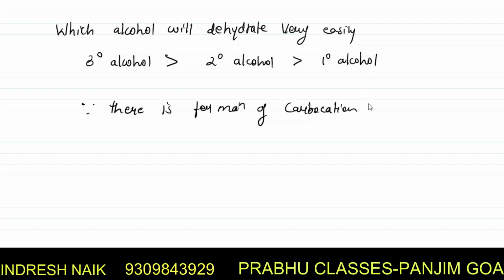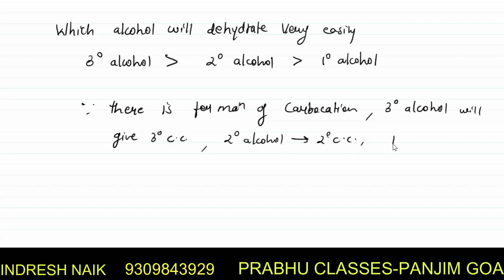Since there is formation of carbocation, tertiary alcohol will give tertiary carbocation, secondary alcohol will give secondary carbocation, and a primary alcohol will give primary carbocation. That's why the order is this, right? So this is the order of the dehydration of the alcohol.